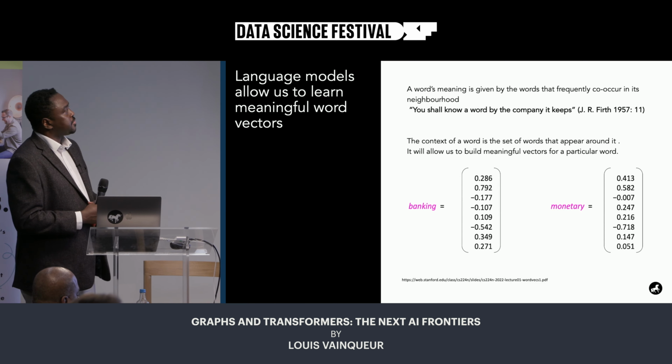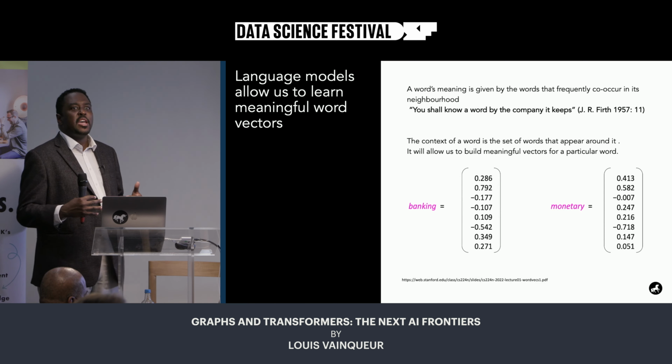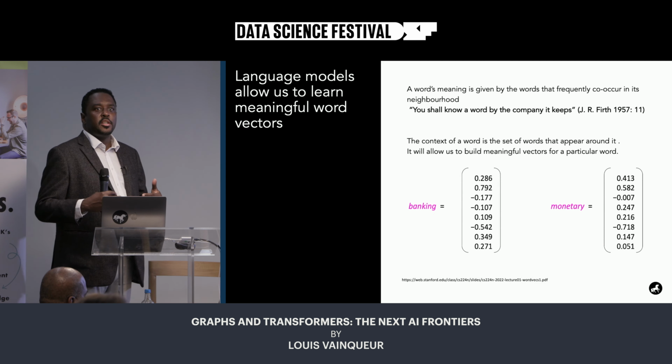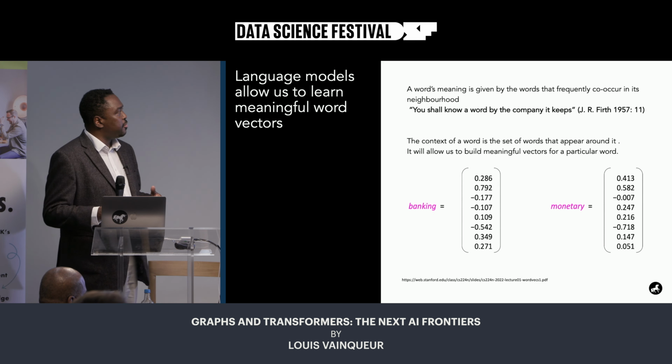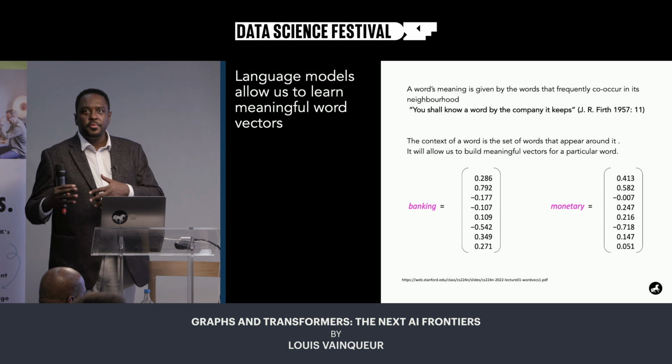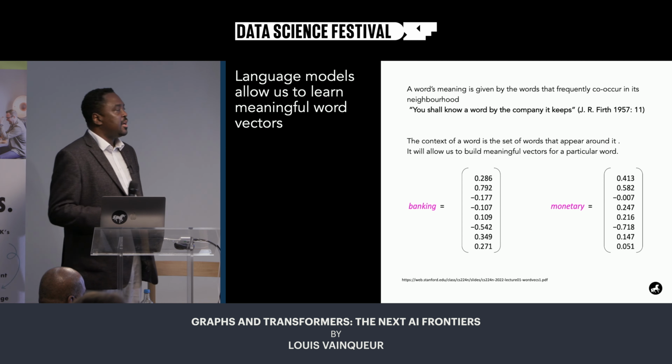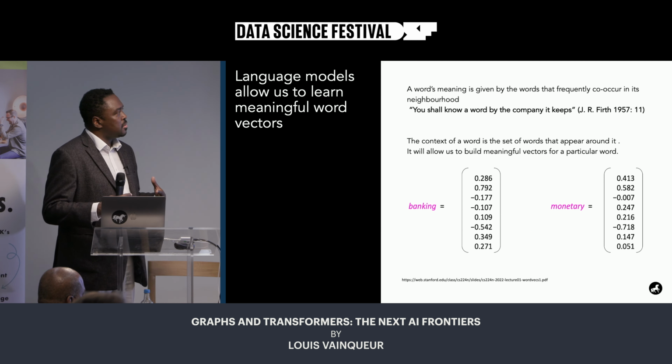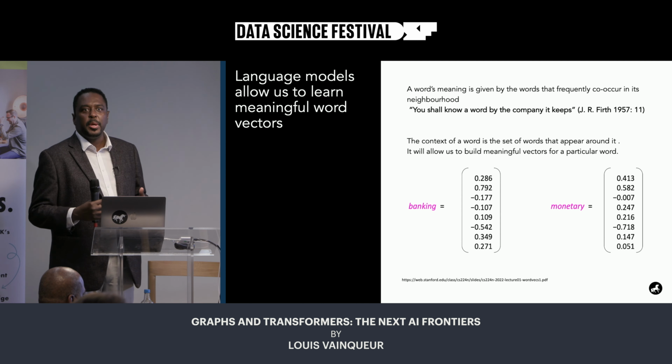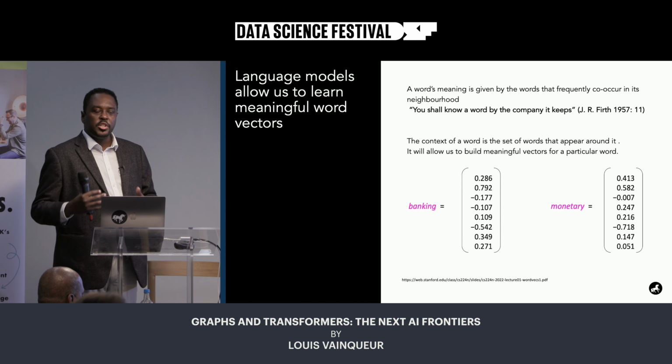All of this idea of trying to find representations that are meaningful is really coming from computational linguistics and from the expertise of people who have been studying language for a long time.